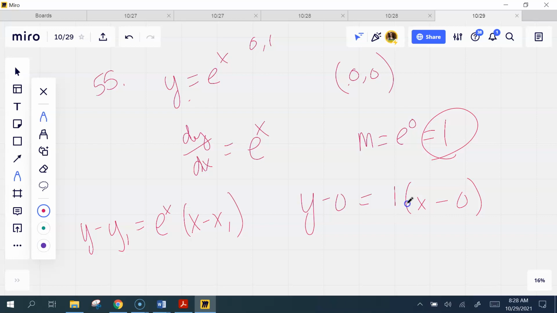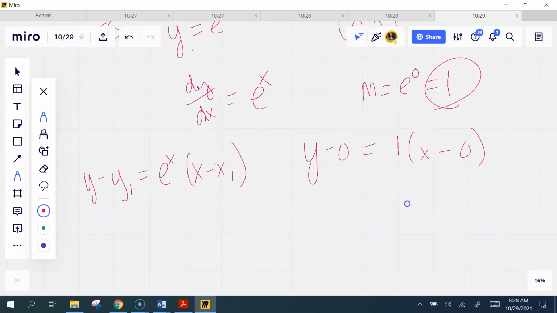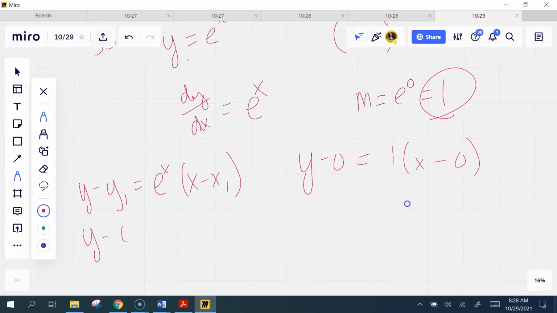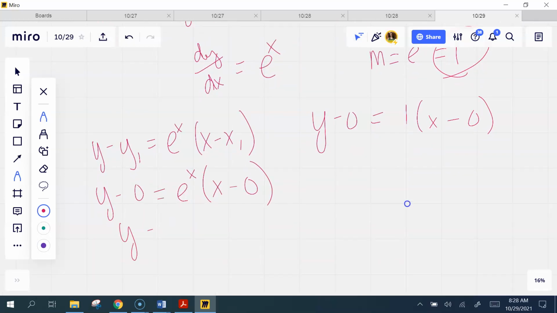If my line has to go through the origin, then it has to include this point. So my y coordinate, the problem is x times e to the x.